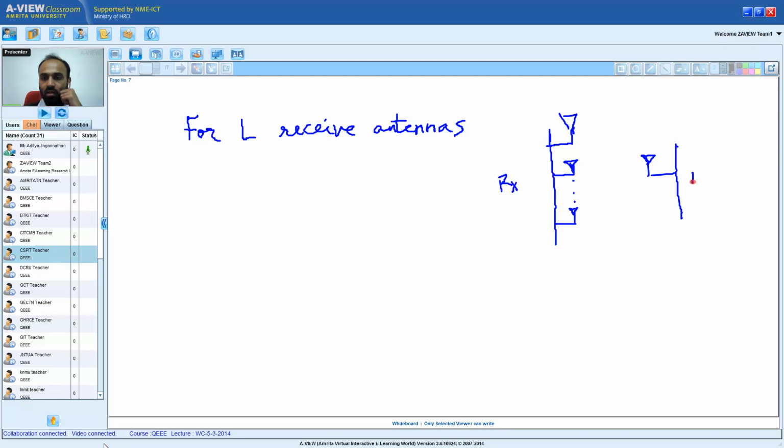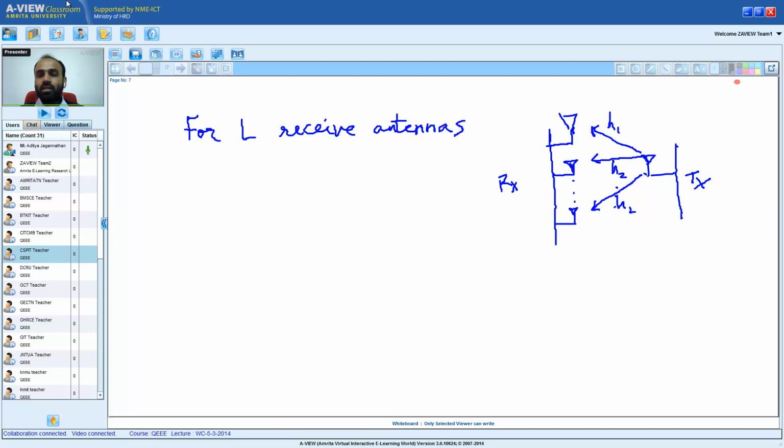This is the receiver, this is the transmitter, and I have antenna 1 coefficient H1, antenna 2 coefficient H2, and so on, antenna L coefficient HL.